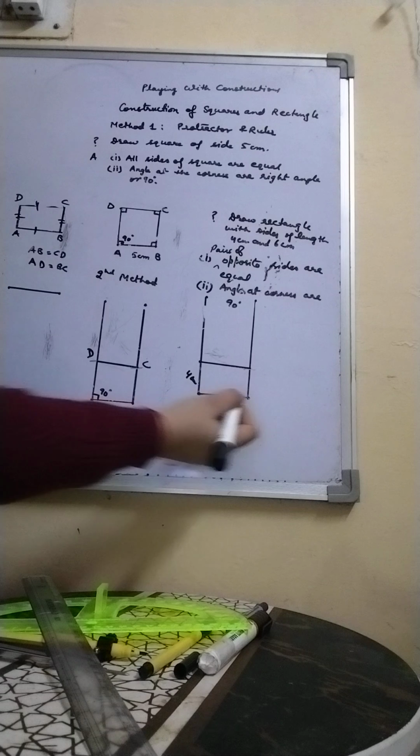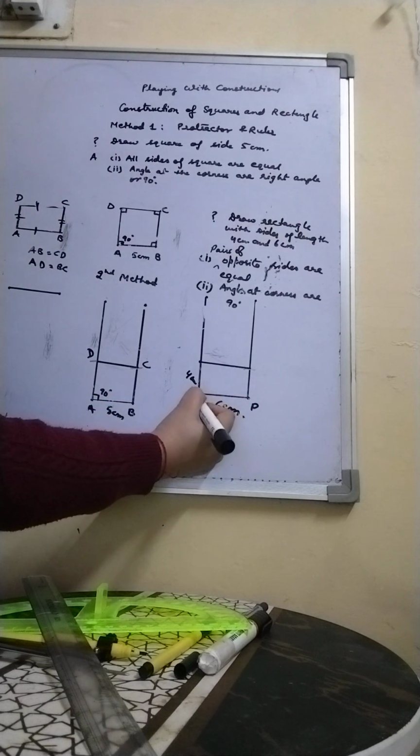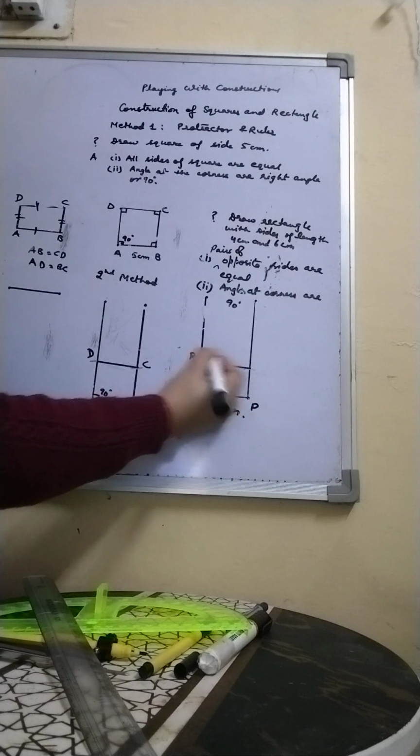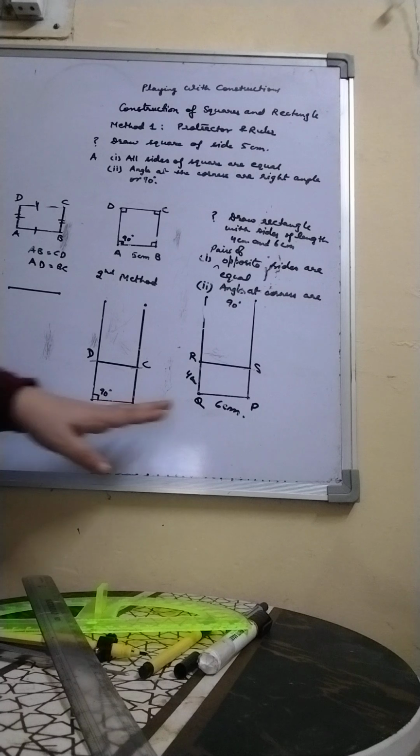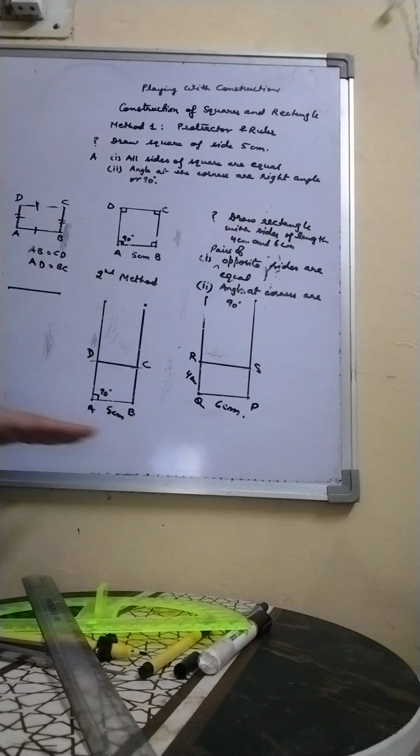Now you name. You can start from here. P, Q, R and S. So in this way you can name it at the end. But sometimes when there are more difficult constructions, you must name it according to what is given there, so that you know from where you have to draw.